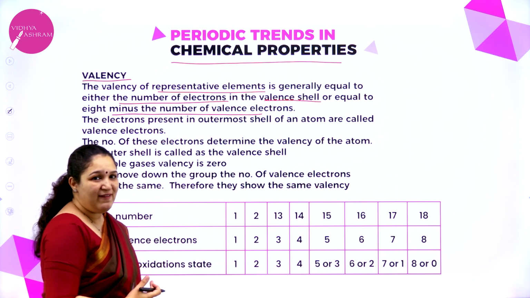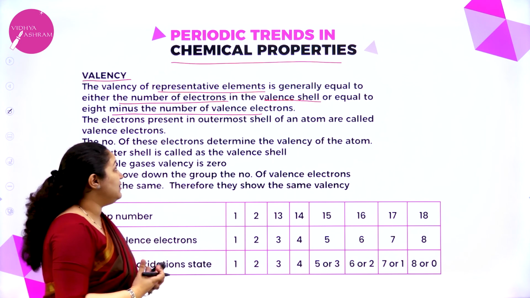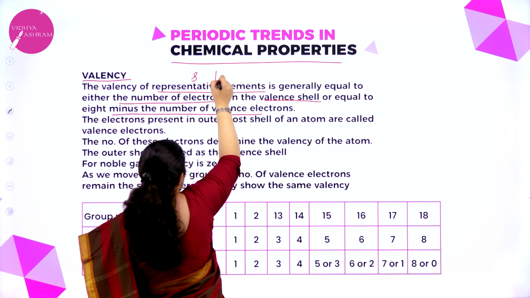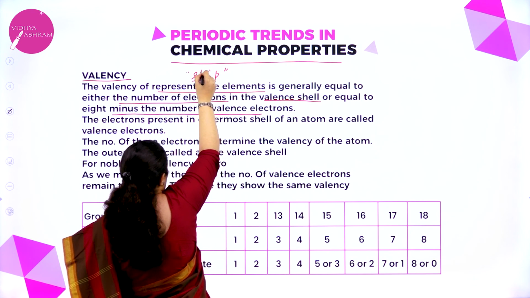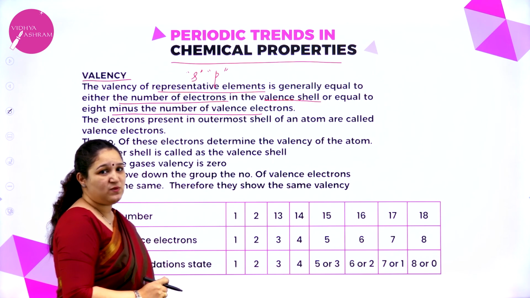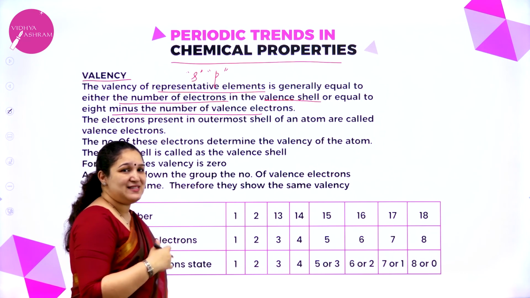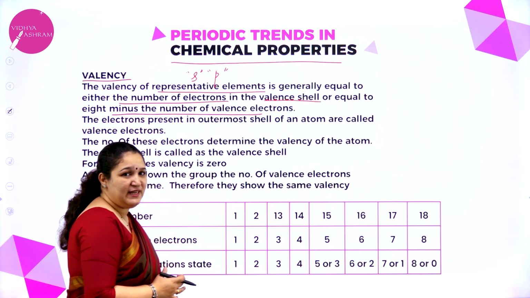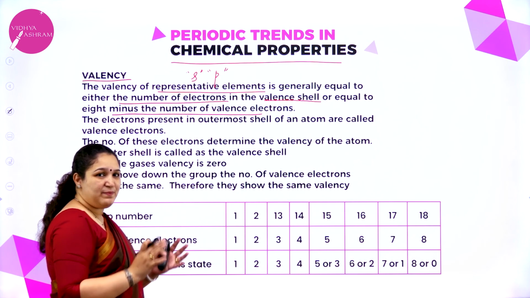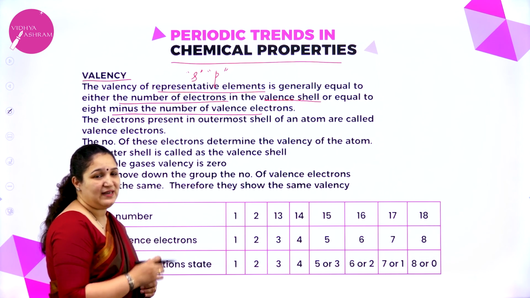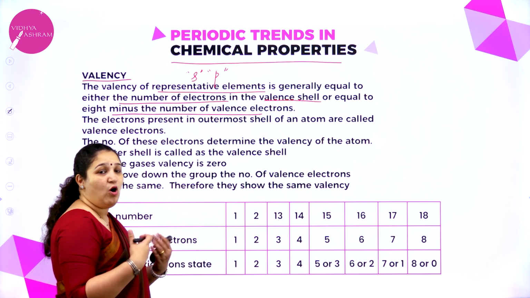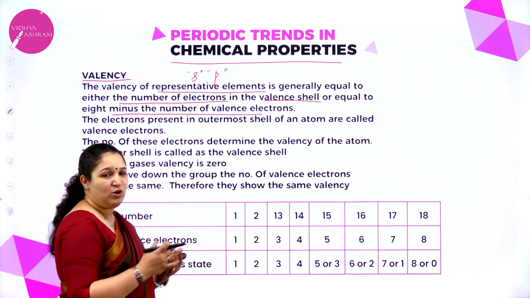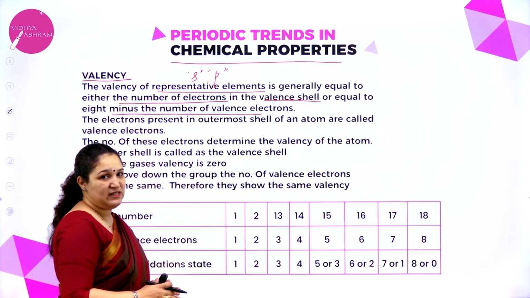What do we mean by representative elements? Those which are present in the s and p block. For representative elements, the number of electrons present in the valence shell is the valency. Or the other way to tell it: 8 minus the number of valence electrons gives you the valency.